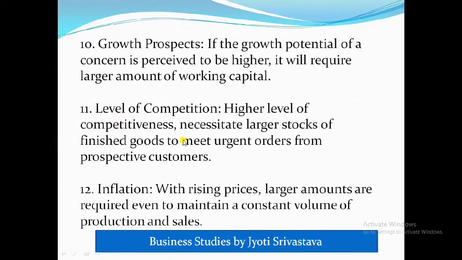You have to maintain a large stock of product, so that whenever there is an order, it can be delivered to the prospective customer as soon as possible. In that case large stocks have to be maintained, so more working capital is required. But if the level of competition is less, less working capital will be required.